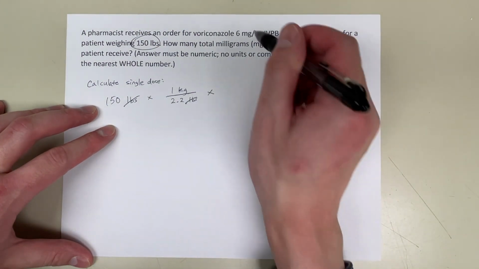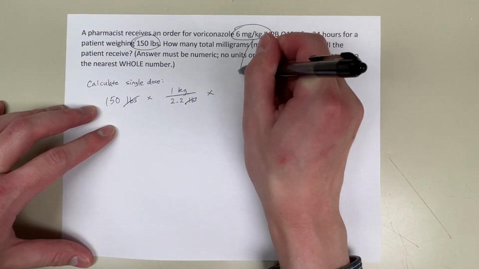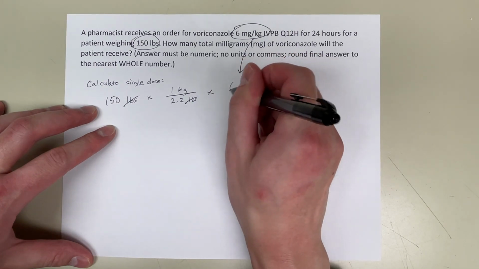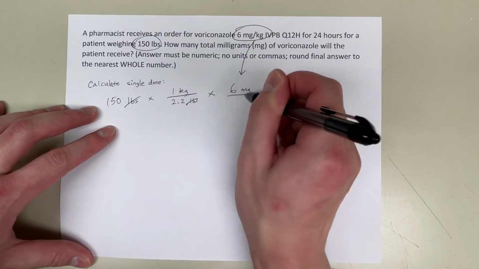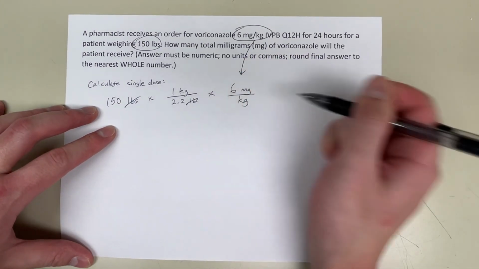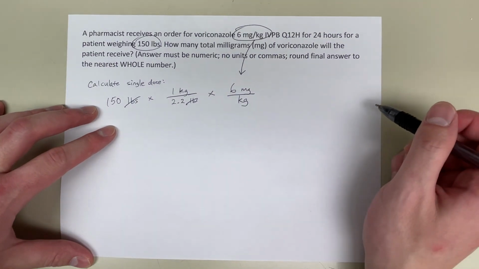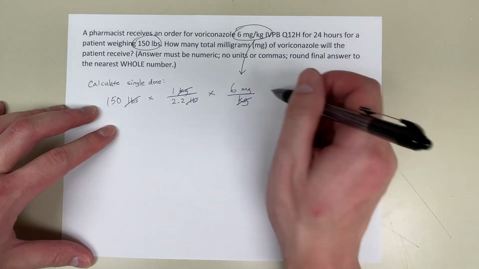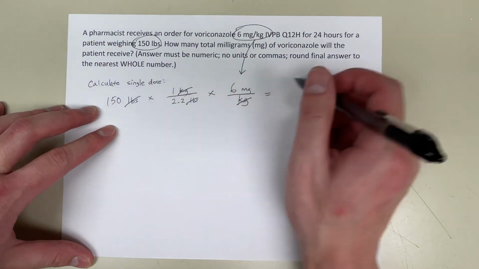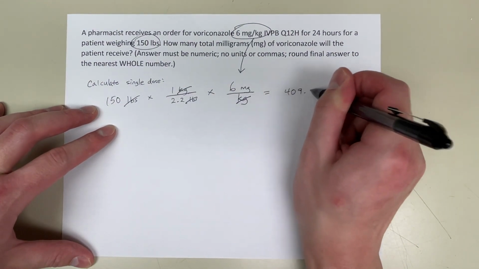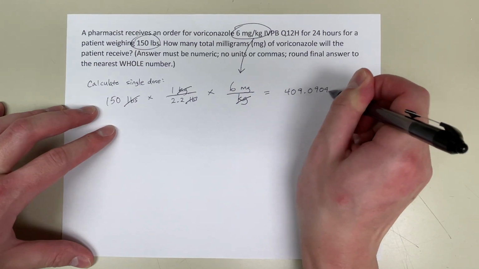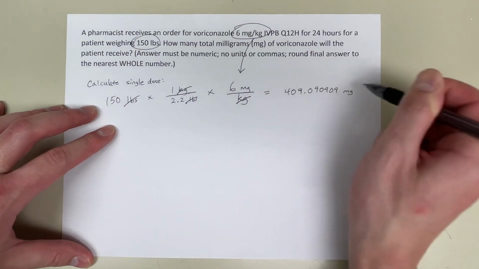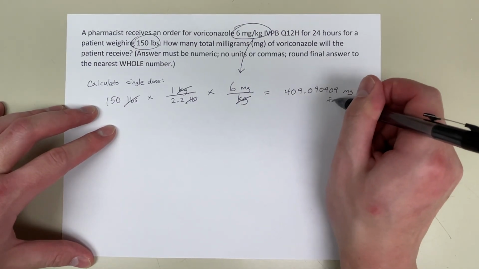And then I'm going to use the weight-based dosing. So for every 6 milligrams per kilogram is the dose. This is for each dose. So I want kilograms and kilograms to cancel out. And when I do the calculation, that equals 409.090909 milligrams. Right? This is for each dose.